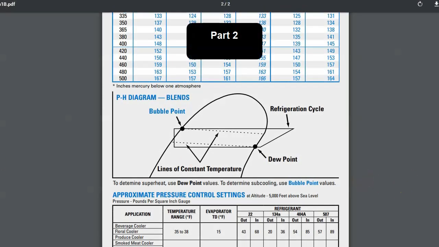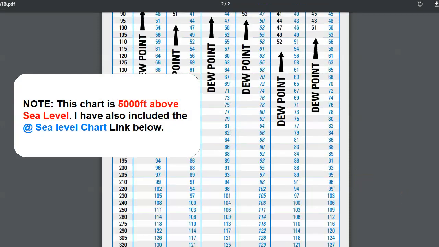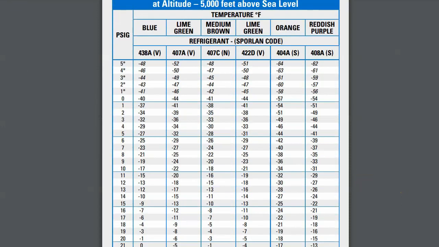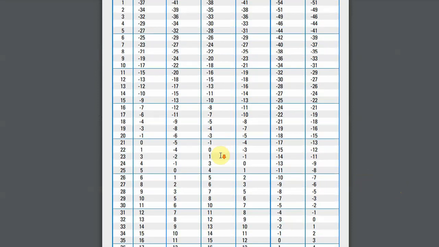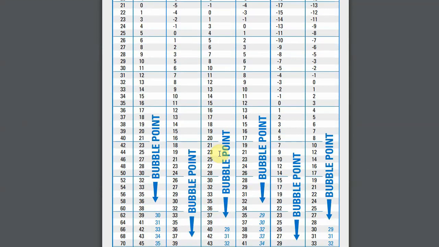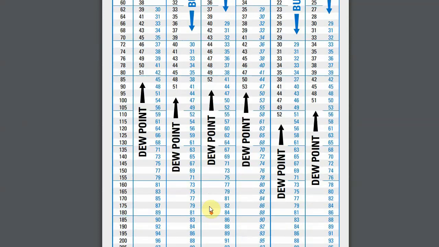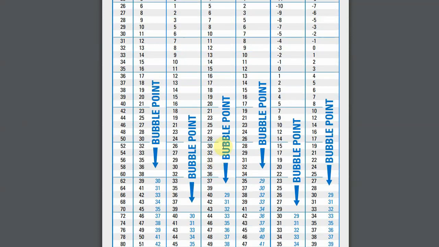Okay, so now let's say you want to figure out what that pressure really is. Let's take a look up here at 407C. With 407C, if you're looking at your low pressure gauge, you're going to be looking at dew point. Let's say you're working on air conditioning: 66 psi will represent 40 degrees, and 54 psi will represent 32 degrees.